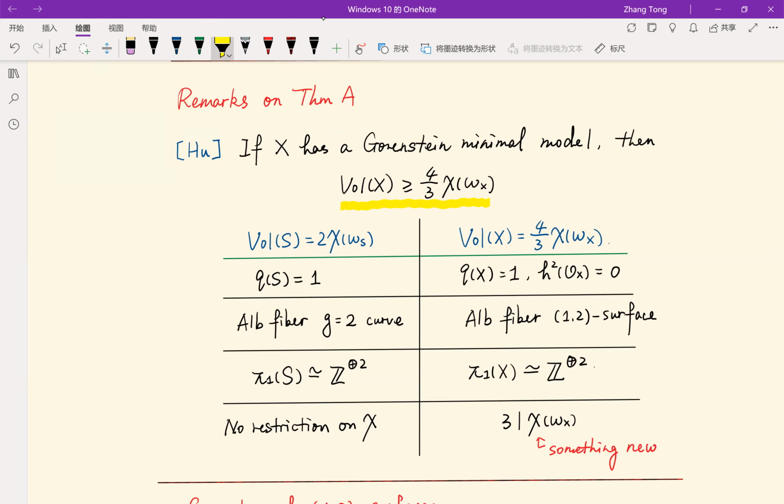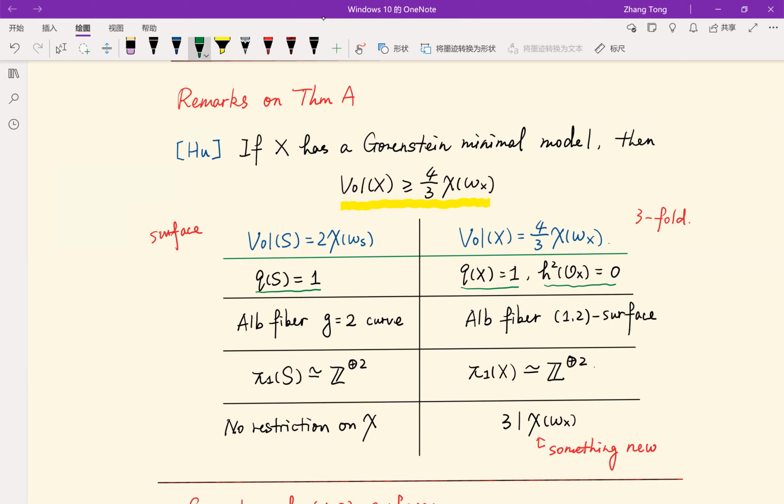And the second remark is that I want to compare the surface case and the threefold case. There are some similarities and some differences. The similarities are like the irregularity. In the extremal case, the irregularity must be the smallest possible, and this number, this h2, is also the smallest possible.